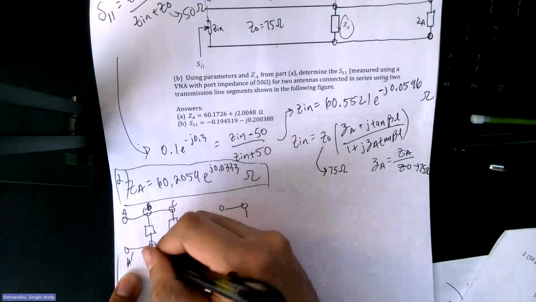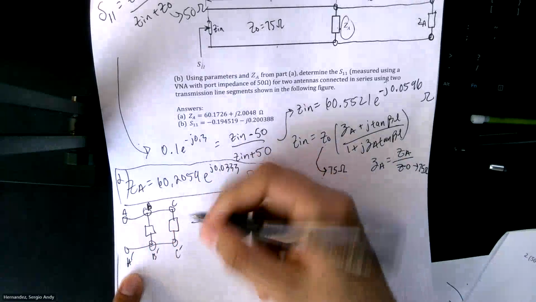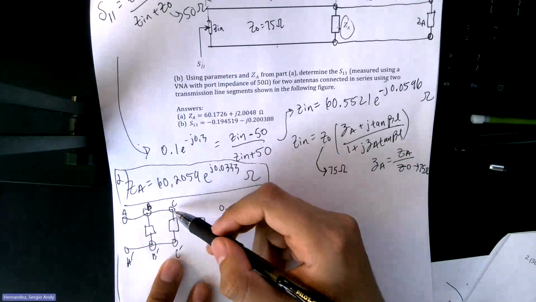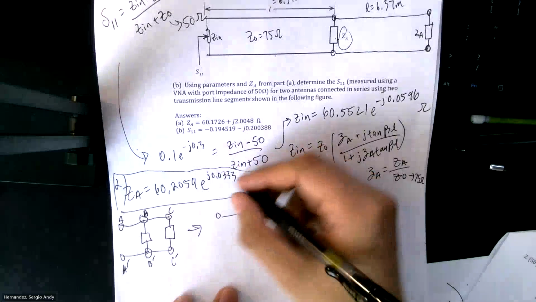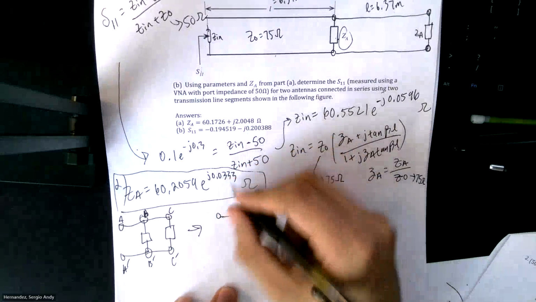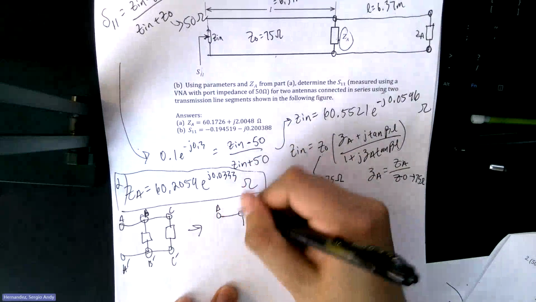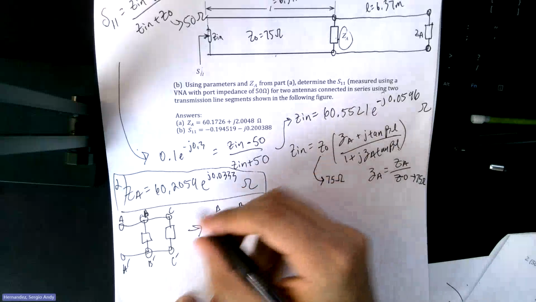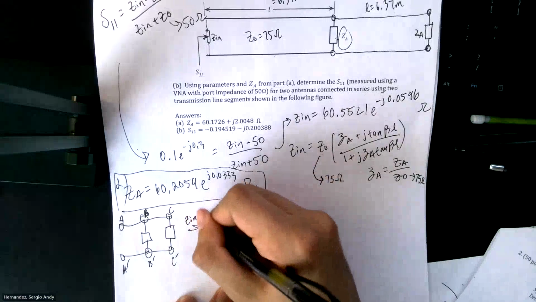Three different points in the transmission line. The goal is to shrink this down from C to B, so that A, B, using the ZN 1.